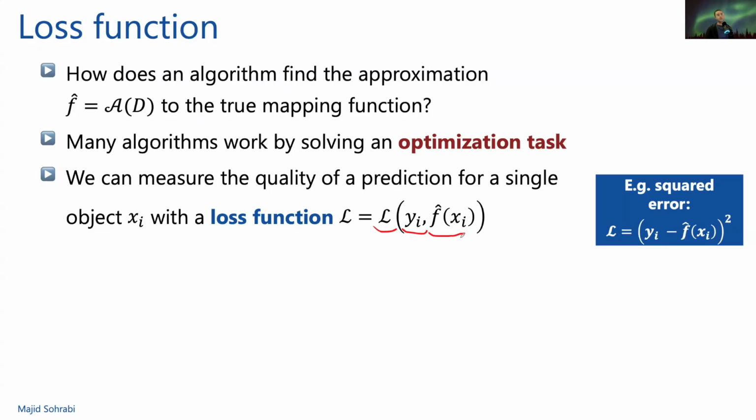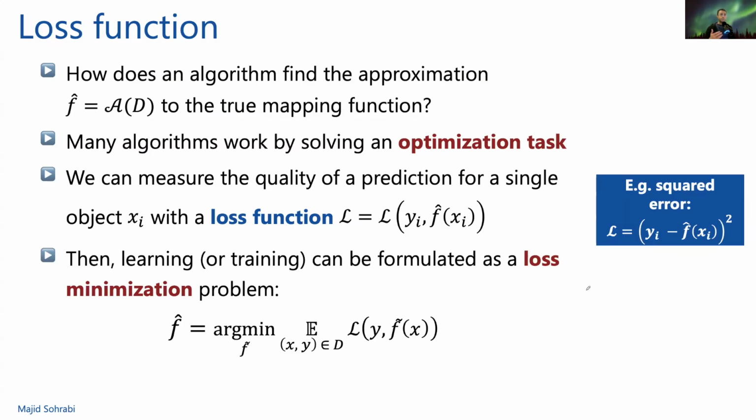So in terms of a regression task, we can name the squared error as the loss function. What is it? Basically taking the square of the difference between, for example, the true and the prediction. We are squaring it because we don't want the positive and negative values to cancel out each other.